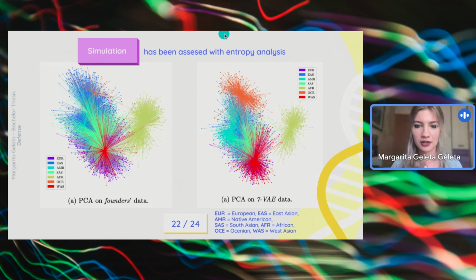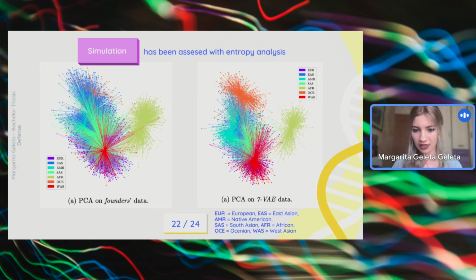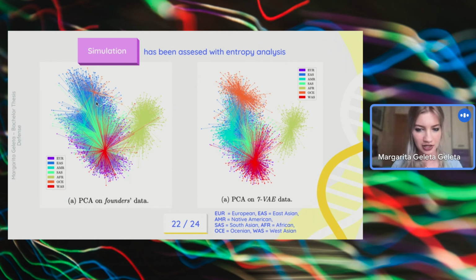Simulation has been assessed with entropy analysis. If you want to see further details of the entropy analysis, you can check the report. Here I'm just showing the global result. This is the PCA on founders data. Founders data is the original data, the real samples, real individuals. And as you can see, we have some imbalance here because we have a small number of individuals for the Oceania population.